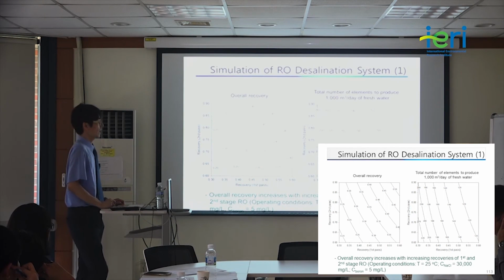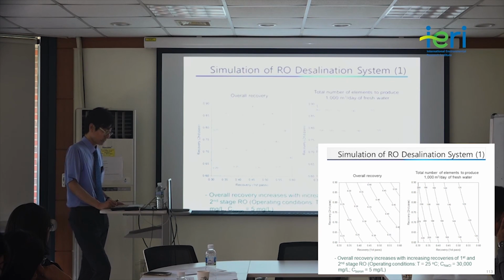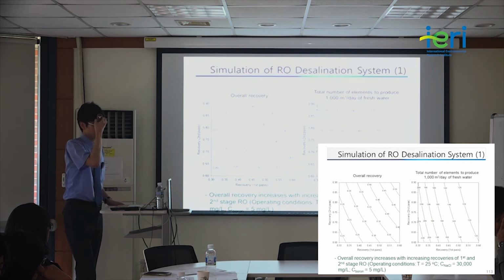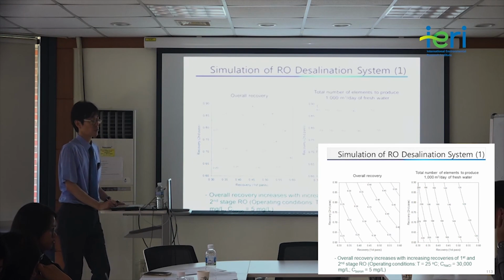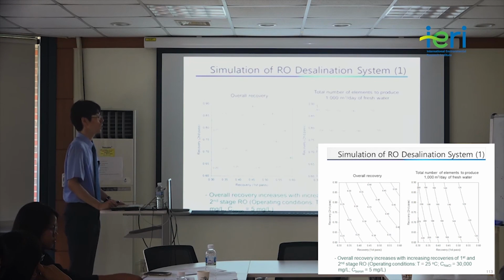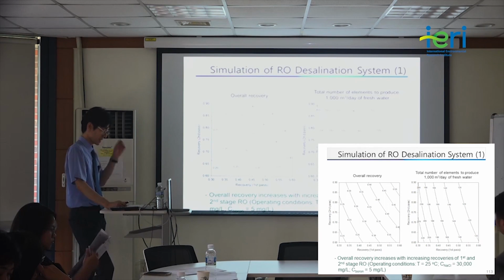So again, although it's very obvious, total overall recovery can be changed by changing the recovery for the first pass and the second pass. So in this kind of 2-pass system, you may imagine that it's quite difficult to operate the system.